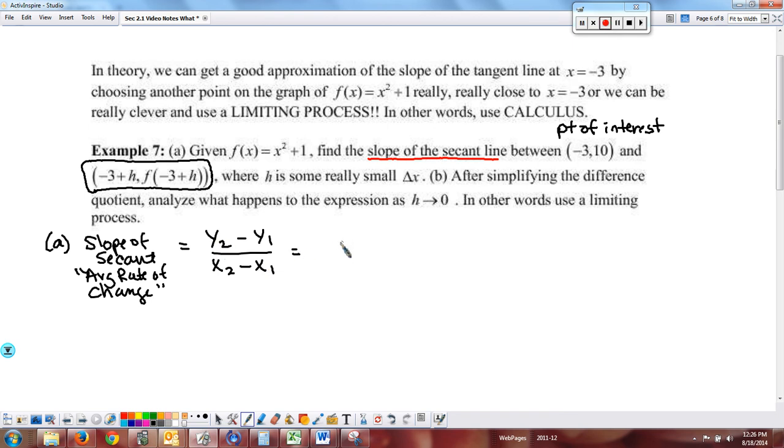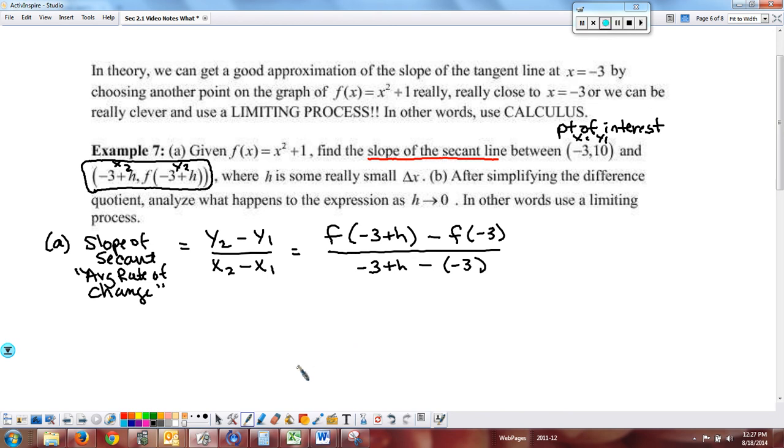But more specifically, this is our x2 and our y2. So we're going to do f of negative 3 plus h minus f of negative 3. We'll plug it in a second, but this is my y1 and my x1, all over my negative 3 plus h, my x2, minus my negative 3.